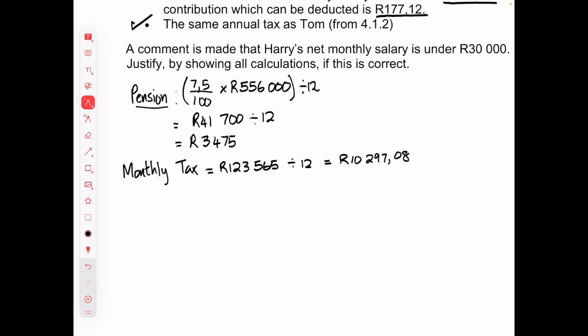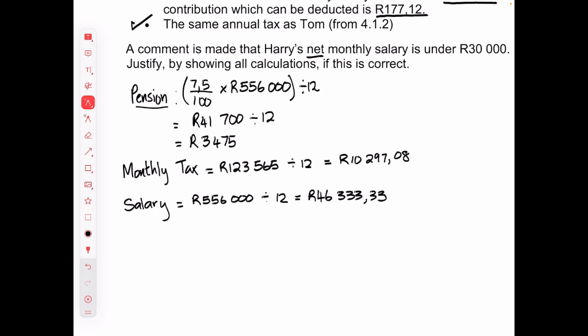So because you're working out your net, and your net is equal to your income minus your expenses. So your salary, which is your income, your monthly salary is going to be 556,000, and we're going to divide that by 12, and you end up with 46,333 Rand and 33 cents.